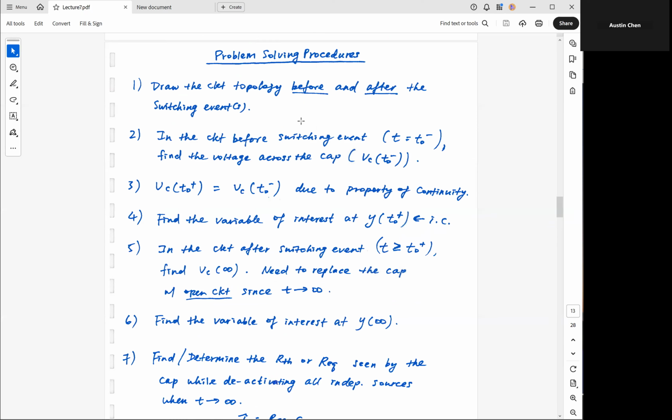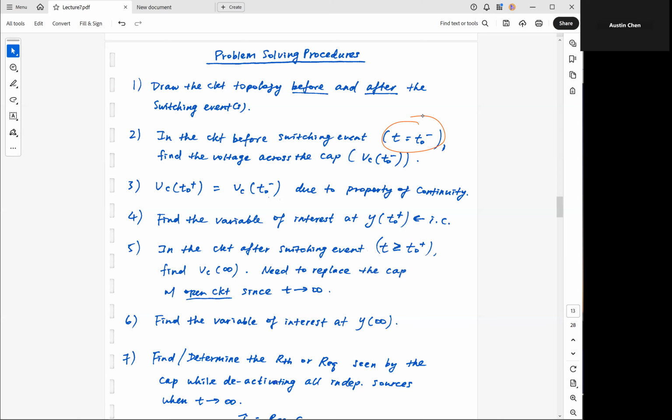And the second step, in the circuit before the switching event, which means when t is equal to 0 minus, right? I'm assuming t0 is equal to 0. So when t is equal to 0 minus, that means it is the time instant right before the switching event. Okay, because if I say that the switch is going to be closed when t is equal to 0, right?